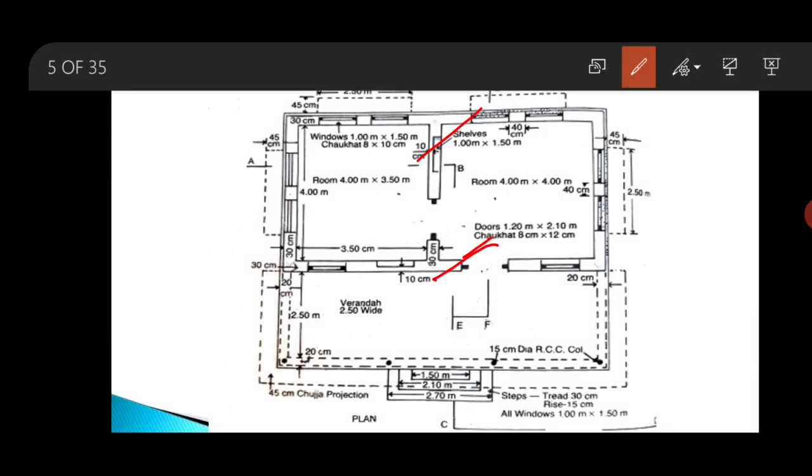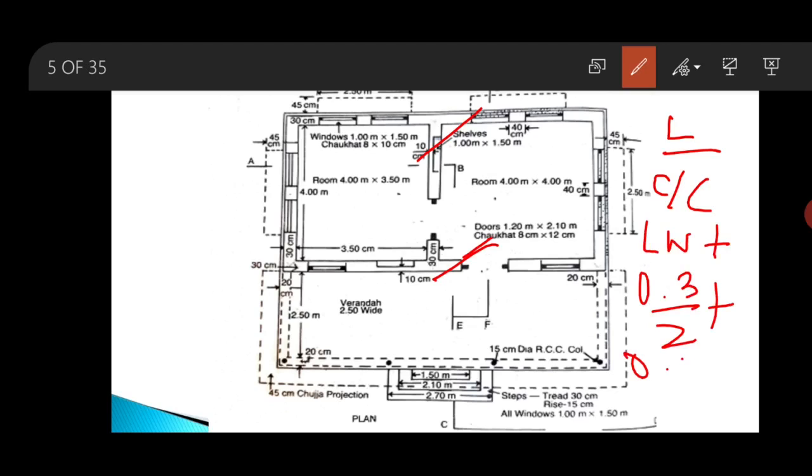In order to get the length of this brickwork in superstructure along these two long walls, we have to add with the center to center length of the long wall half of the width of the superstructure work on both the sides. And width of the superstructure is 0.3.